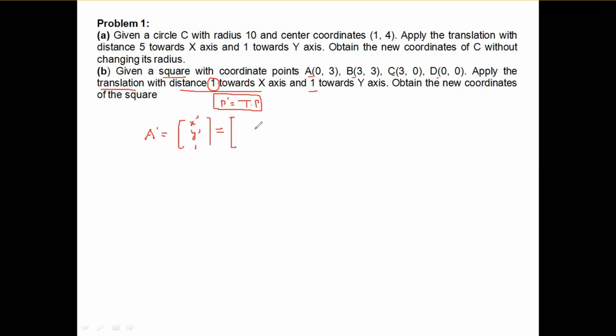Here I am going to write the matrix: 1 0 tx, 0 1 ty, 0 0 1. The translation value is 1, 1, so tx is 1 and ty is 1. So our translation matrix will be this, and the point for A is 0 3 1.